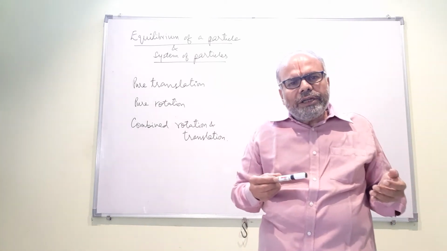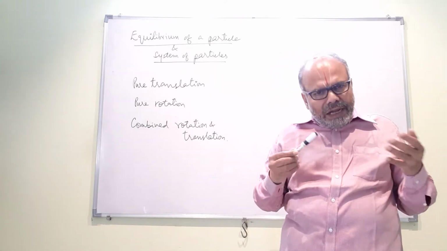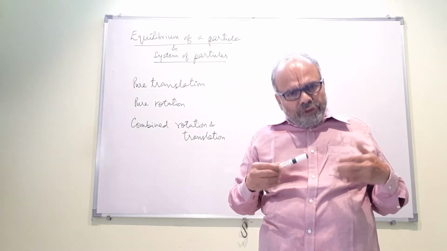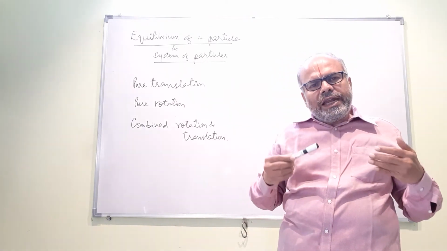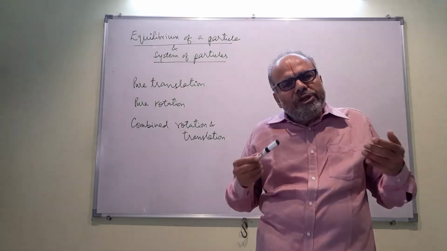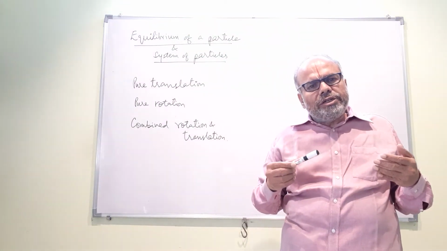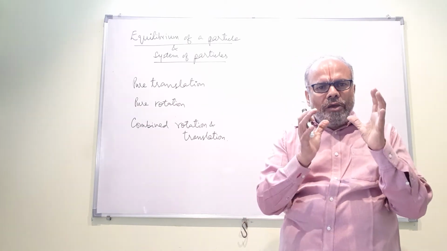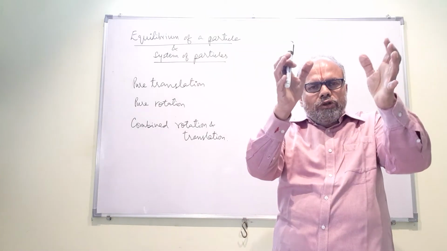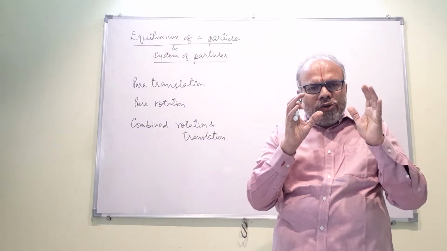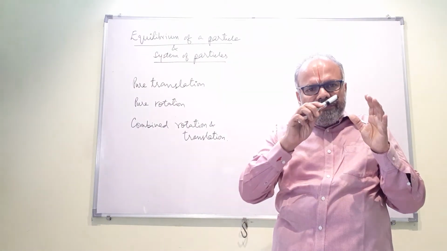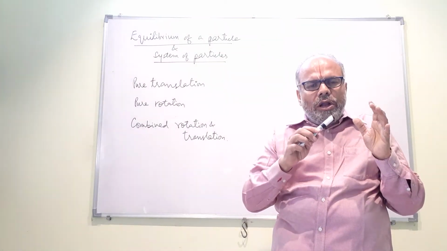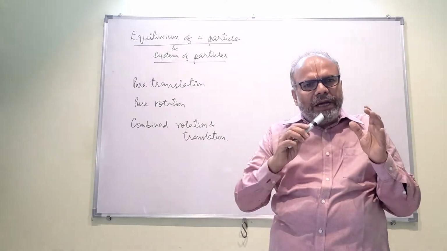Whereas a system of particles can have pure translation, can have pure rotation, or it can be a combination of pure translation and rotation. For example, if I have a ball and I threw it towards you without rotating it, now every particle on the ball will have a parabolic path.